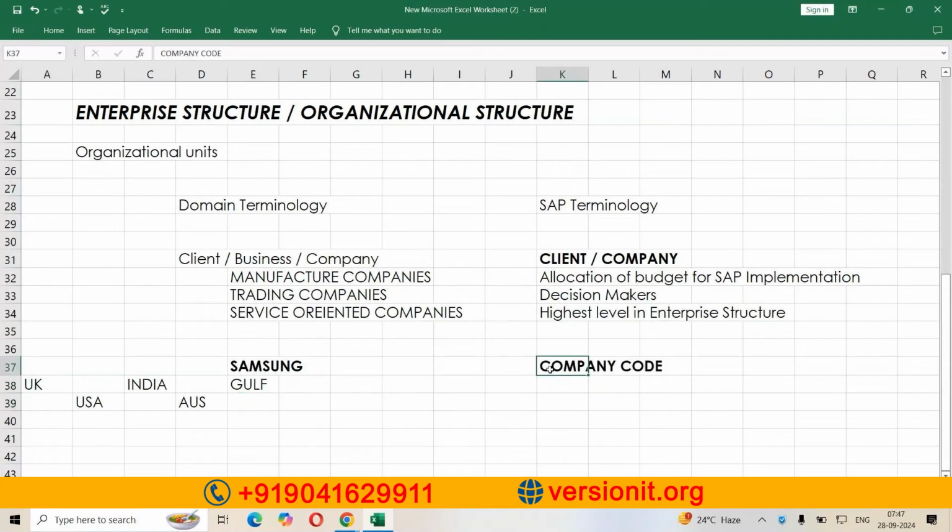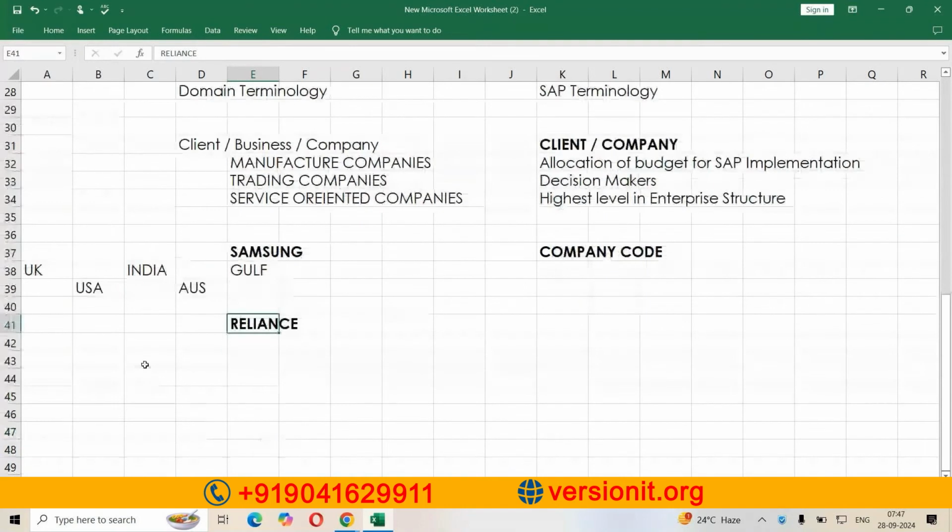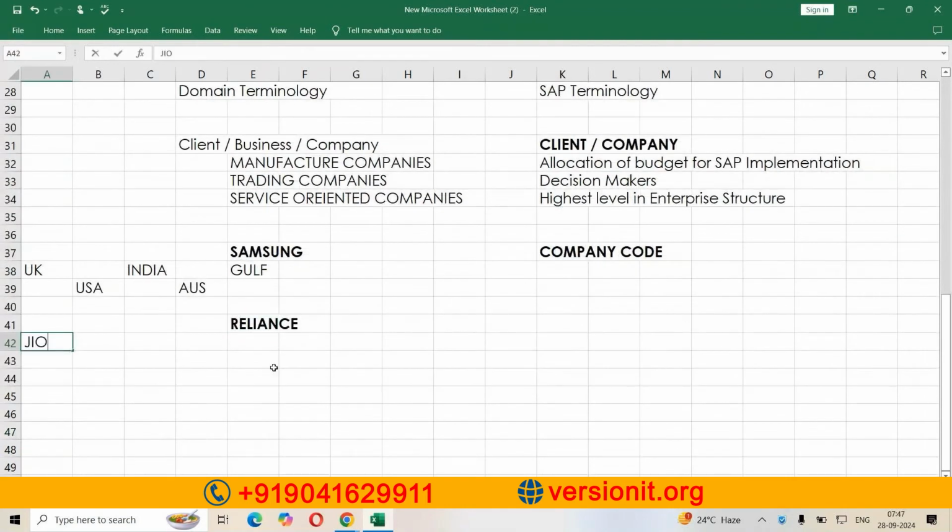Or the second thing: for example, if you take the Reliance company, Reliance is running multiple businesses, not a single business. One on the name of Reliance Jio, and they are into the film industry, they are into the insurance sector, they are into the retail sector, then FMCG, oil and gas.